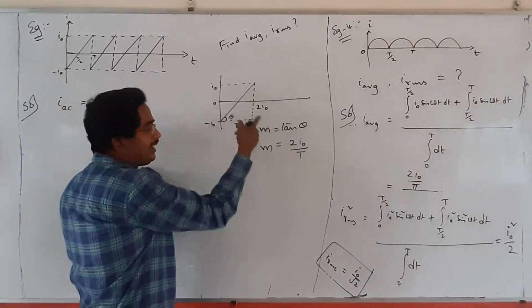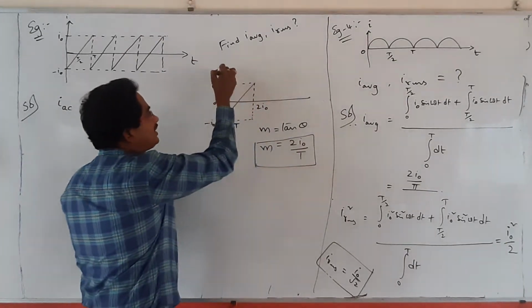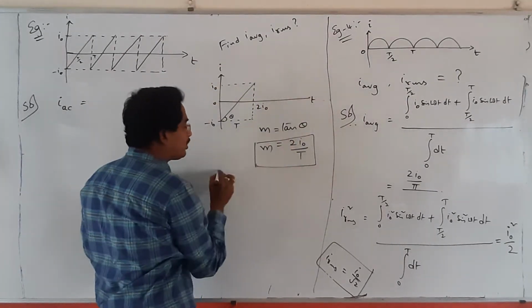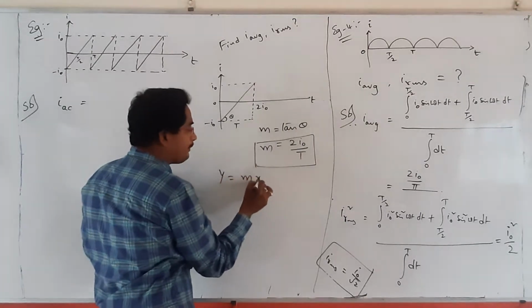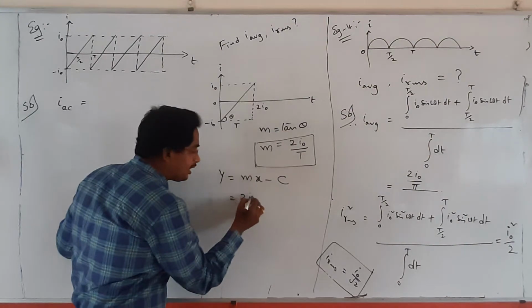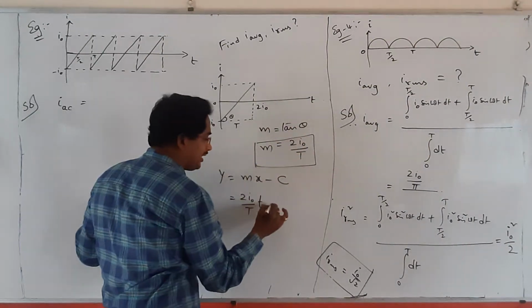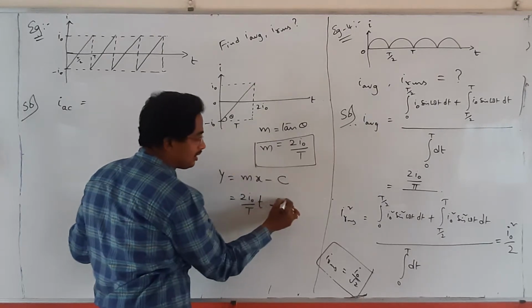Then, after applying this slope equation, what is the equation of current here? Y equals mx minus c. M value is 2 I naught by T, x is t, and c is I naught.